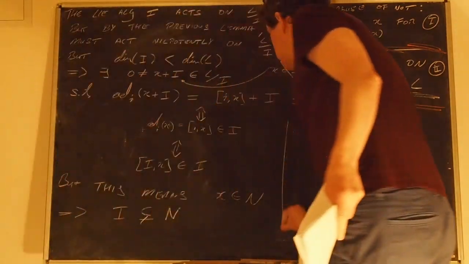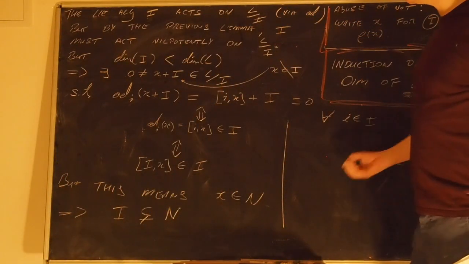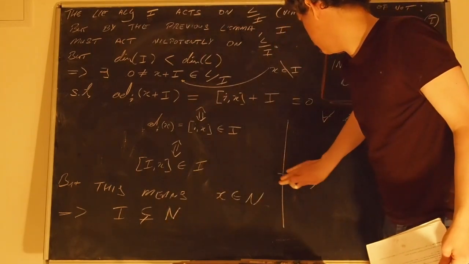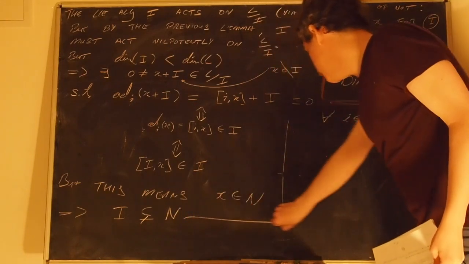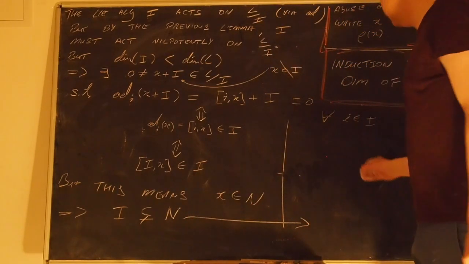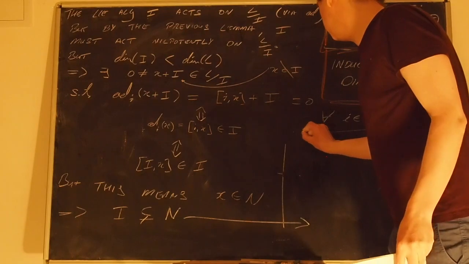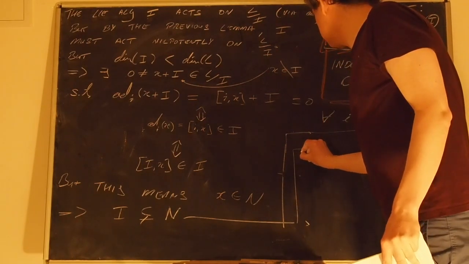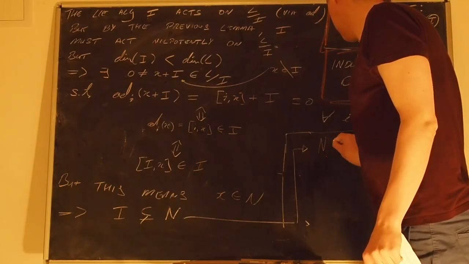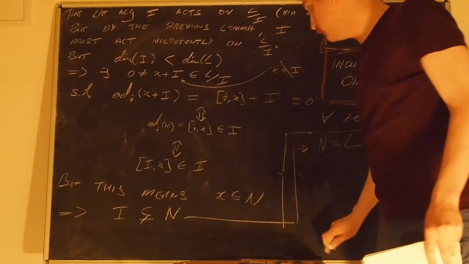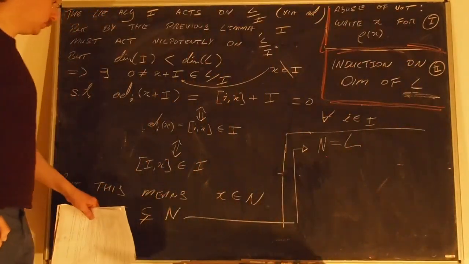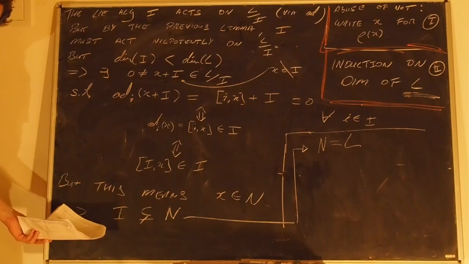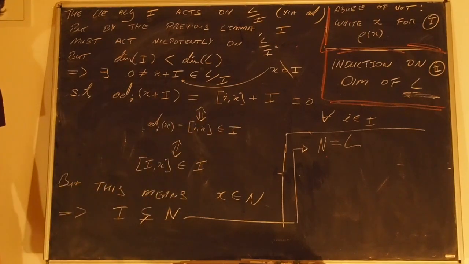But remember that I was chosen to be maximal. I was chosen to be the largest subalgebra. So then this implies this. So now this implies that N must be equal to L. Because it was maximal, the fact that I was included in this gave us two choices. Either N is equal to I, or N is equal to everything.